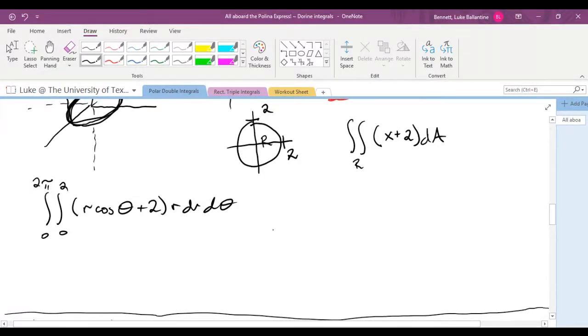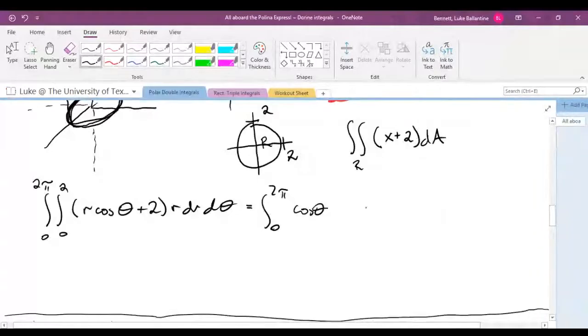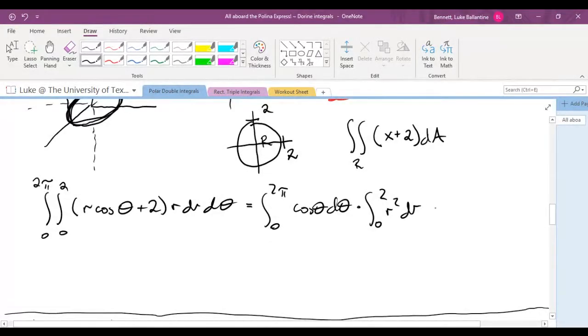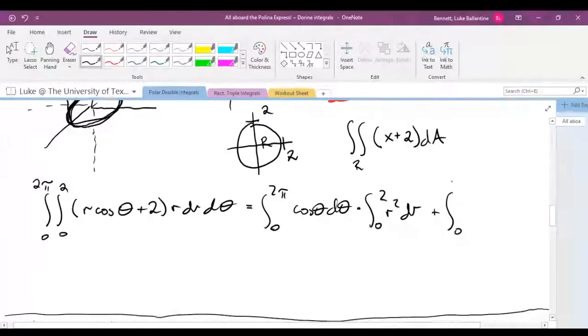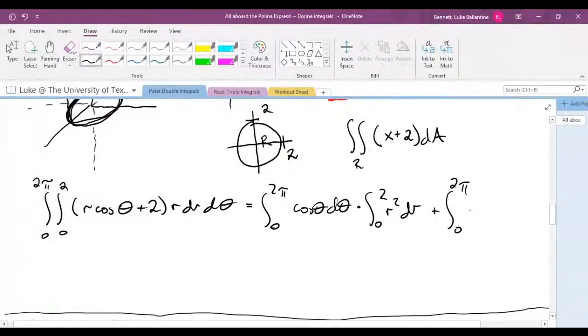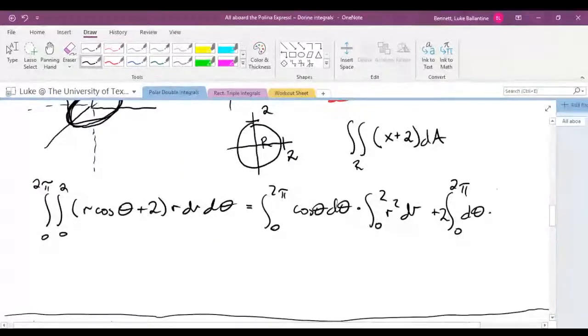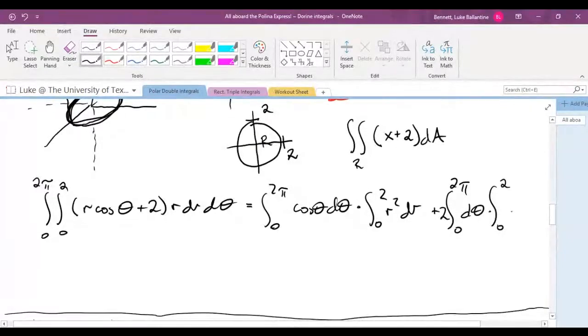Okay, so we distribute the r: the integral from 0 to 2 pi of cosine theta d theta times the integral from 0 to 2 of r squared dr, plus the integral from 0 to 2 pi of 2 d theta times the integral from 0 to 2 of r dr. All right, this is not too bad.